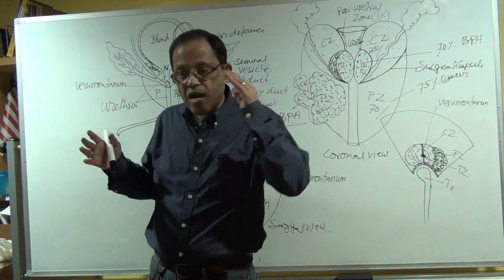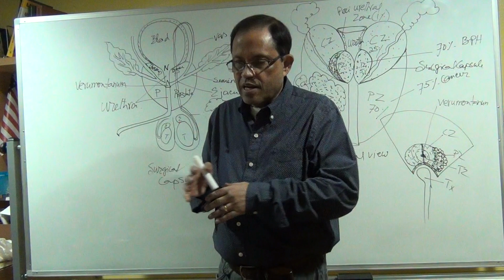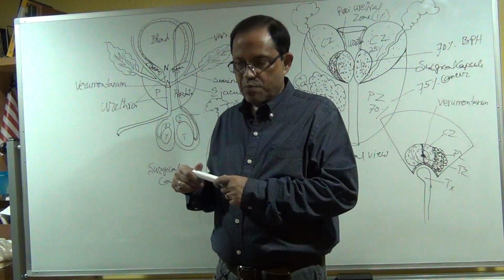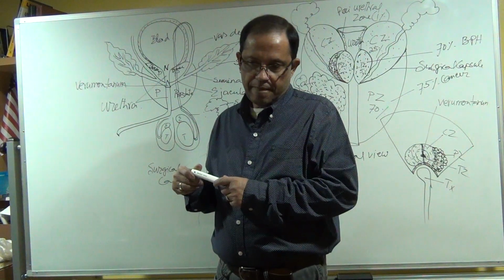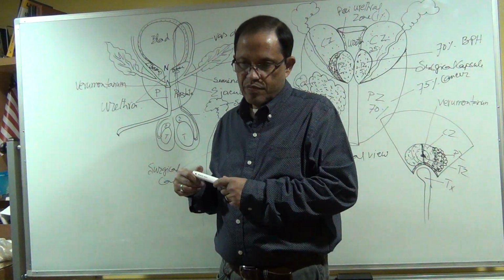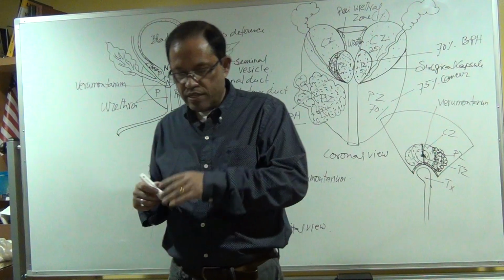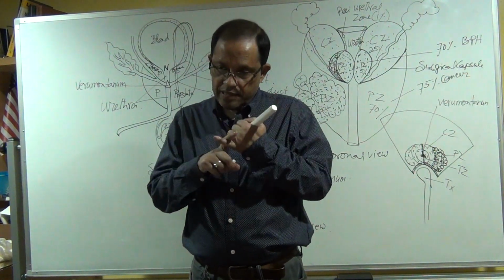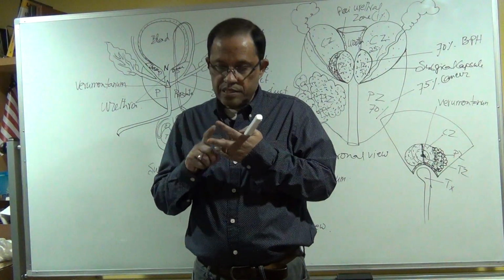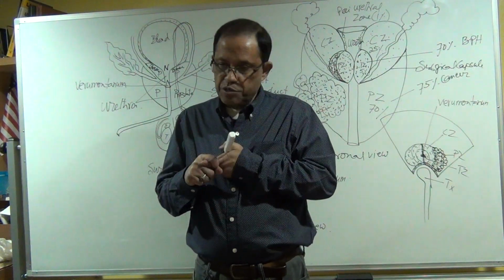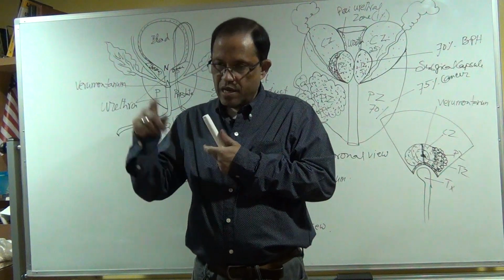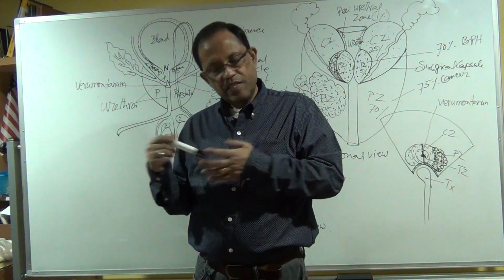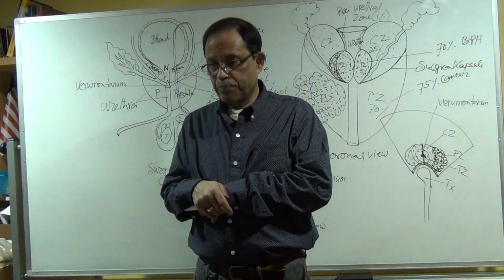But when it is 30 and above, definitely you can consider this is BPH, benign prostatic hyperplasia. So they go by the volume. In order to get the volume, you have to get the length and height in sagittal view and the width in transverse view. You multiply length times height times width divided by 2. That will give you the volume.